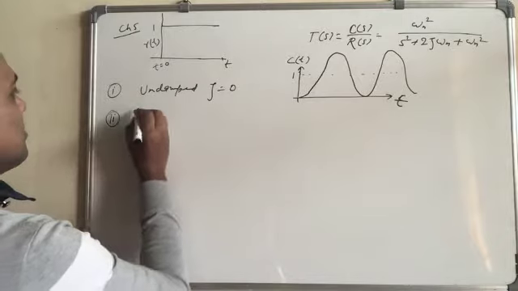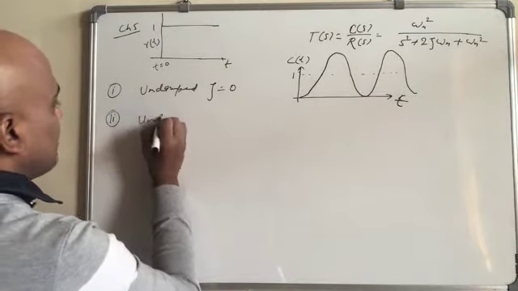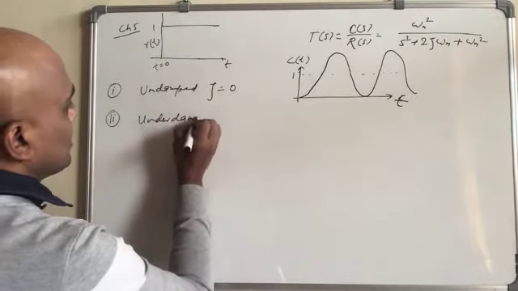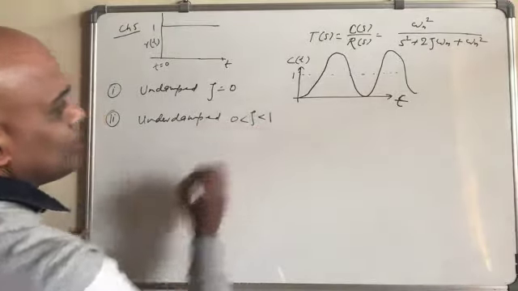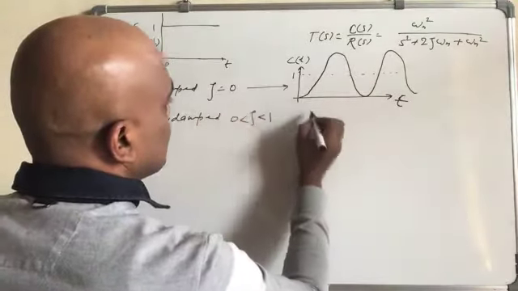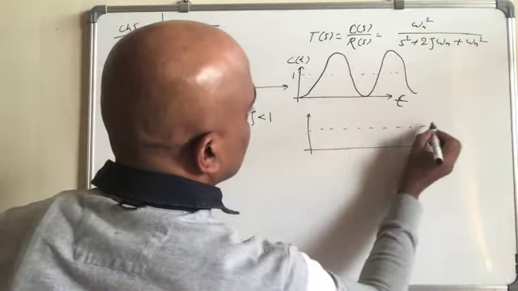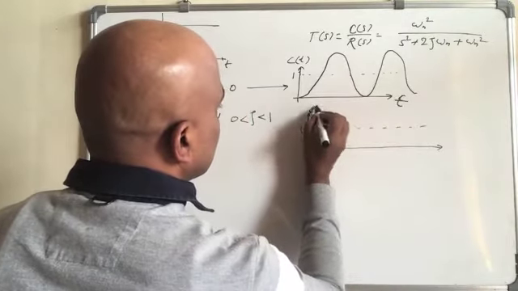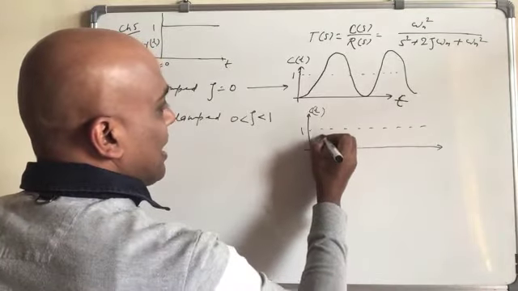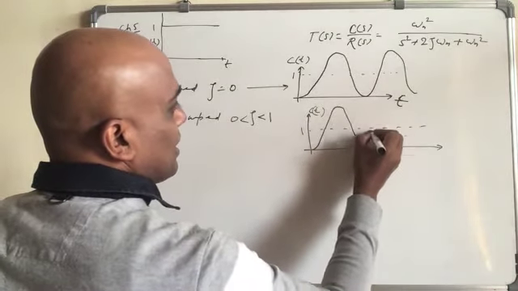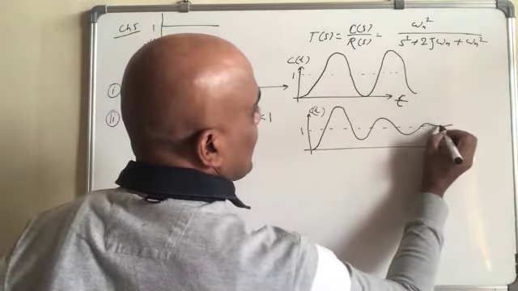Number 2, underdamped. This is zeta greater than 0 and less than 1. In this condition we have something like this. This is 1, this is c(t), and what we see here, it will start from here, go up, and eventually it will settle at 1.